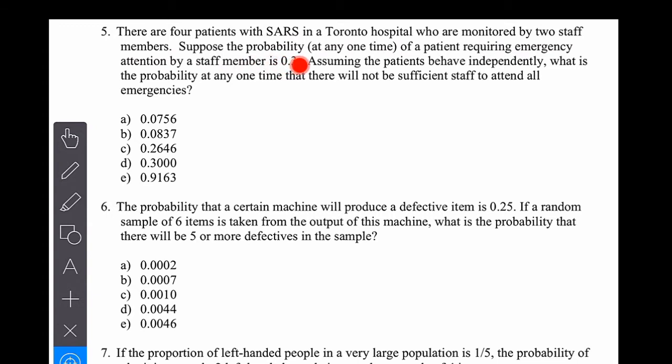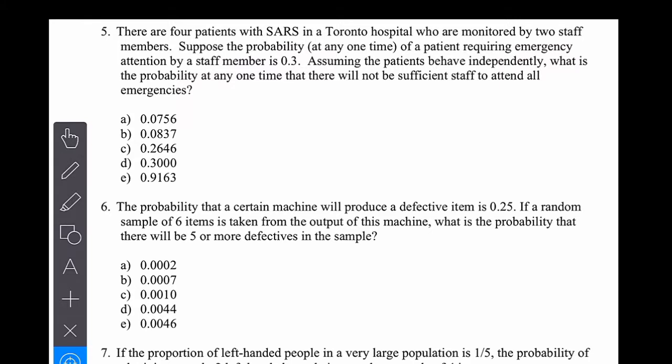Suppose the probability of a patient requiring emergency attention by a staff member is 0.3. So the chance that someone needs attention by emergency staff is 30%. Assume the patients behave independently. So that's important. That means that if someone needs attention, it doesn't affect if another person needs attention.